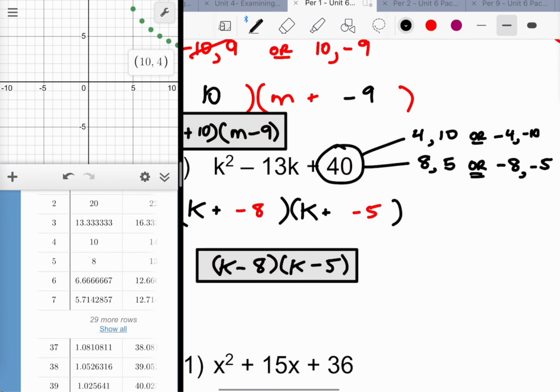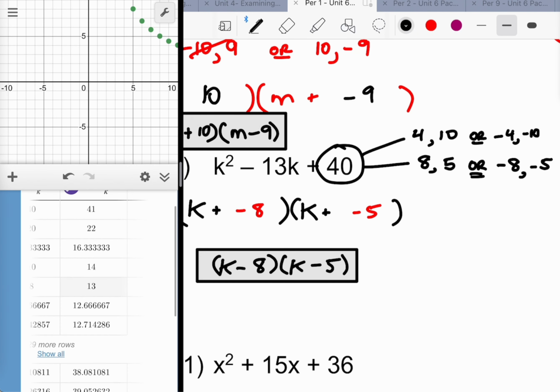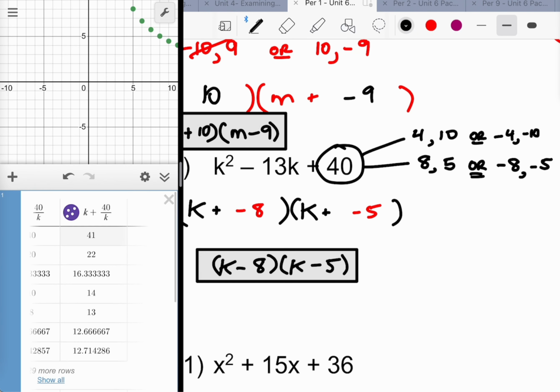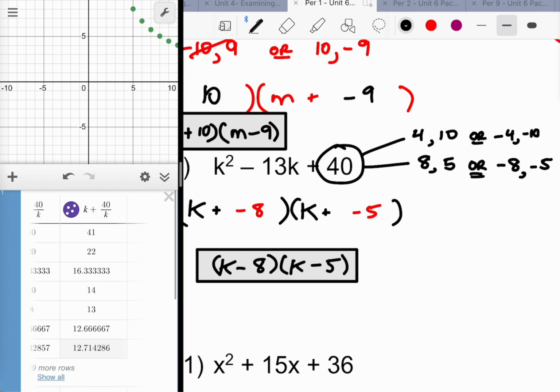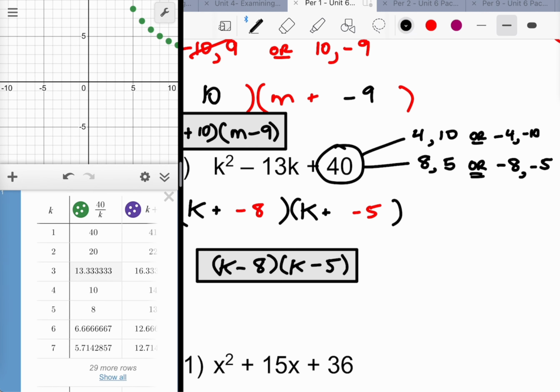It's not looking good. Well, I'll just scroll back and forth. But you kind of see it. Wait, how would you do this on the TI calculator? I'll get to that next.